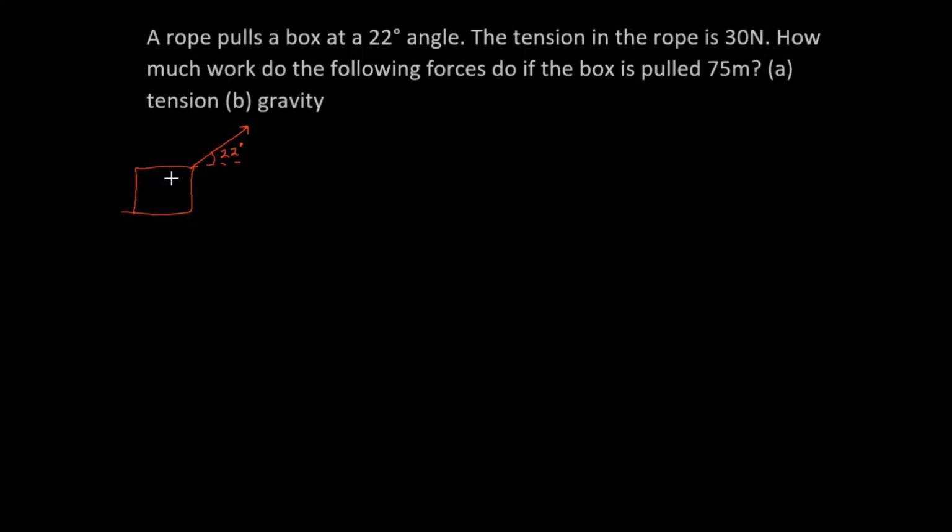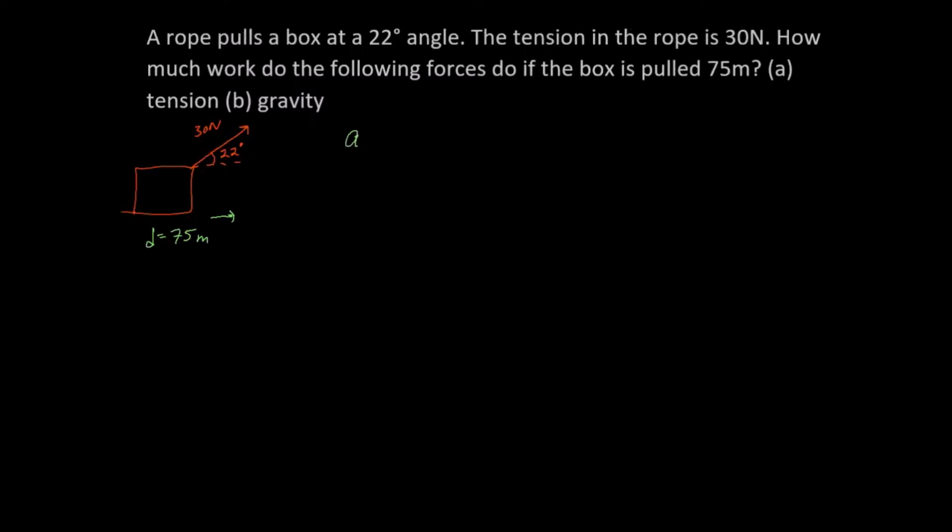And now we've got a tension in the rope, which is 30 newtons. How much work do the following forces do if the box is pulled 75 meters? So I know that my displacement is 75 meters. I know it doesn't say it in there, but I'm going to go ahead and assume that it's to the right, just to keep my life simple. I should have put in there that it's to the right.